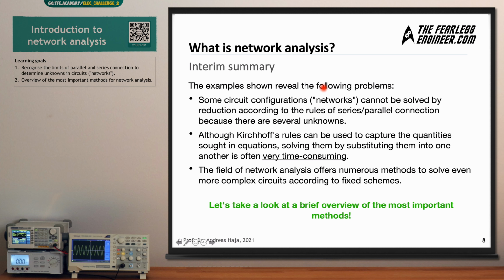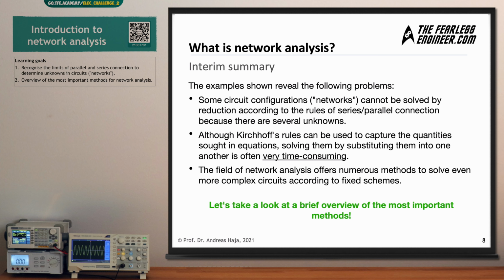So we have revealed the following problems so far. There are some circuit configurations or networks which cannot be solved by reduction of network components according to these rules of series and parallel connection, which we have performed so often before, because we have several unknowns. We not only have one unknown we are looking for, we have several of them.